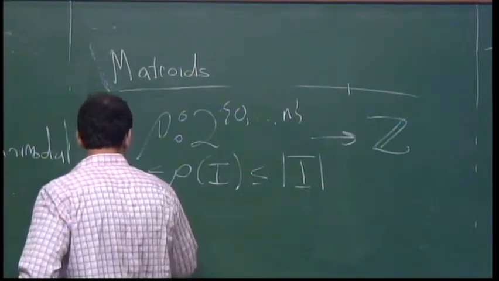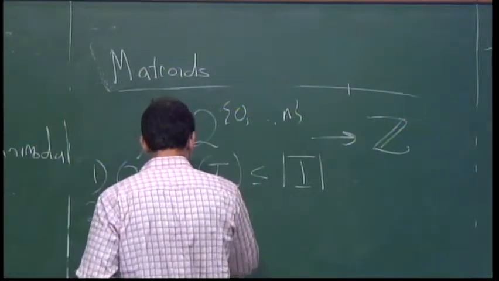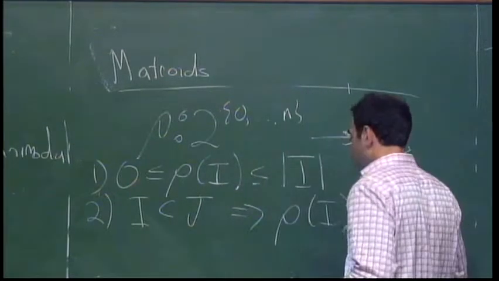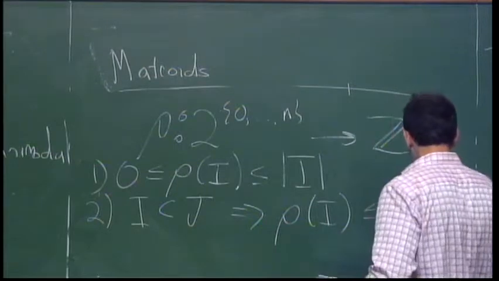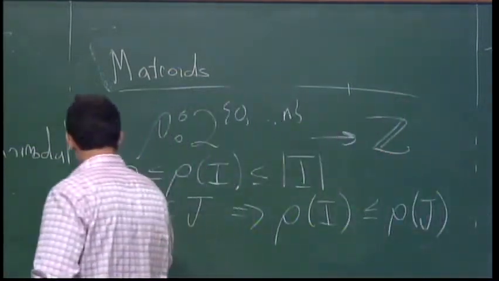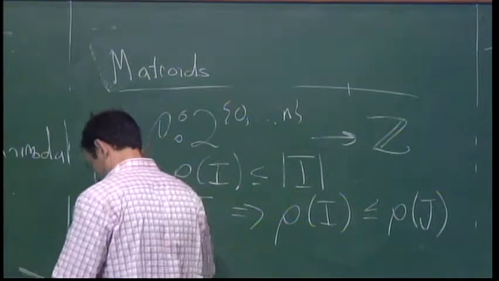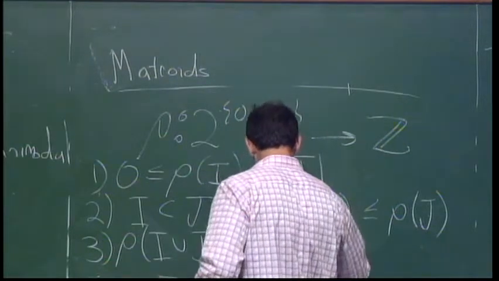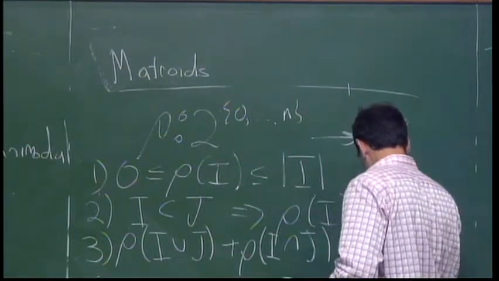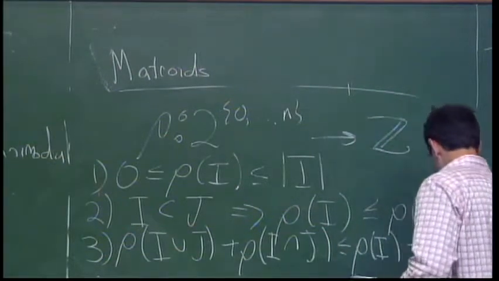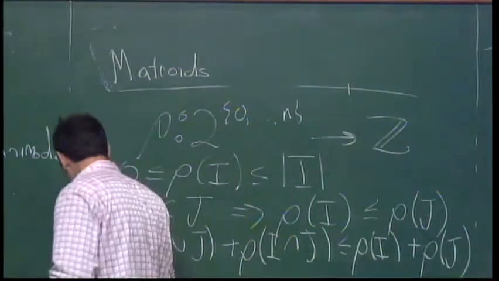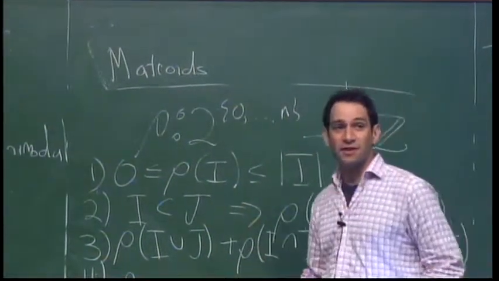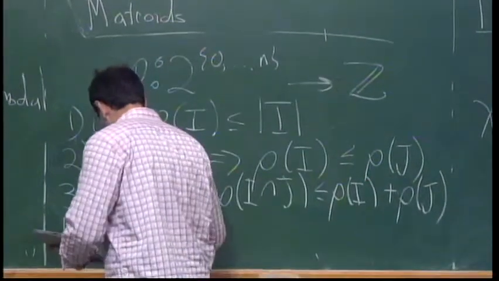Second condition is when I impose more conditions, when I force more coordinates to vanish, then the codimension gets bigger, or is not decreasing. The third condition is complicated. And the fourth condition is that if I set all the coordinates equal to 0, I end up with something of codimension r plus 1.